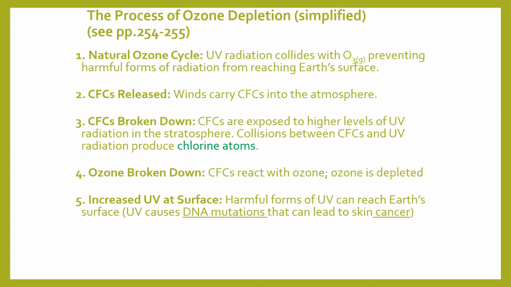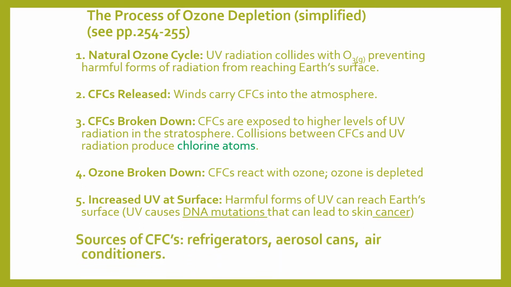They need the ozone just as much as we do. The main sources of these CFCs, and we'll talk more about it on the next slide, are things like refrigerators, aerosol cans, and air conditioning units.